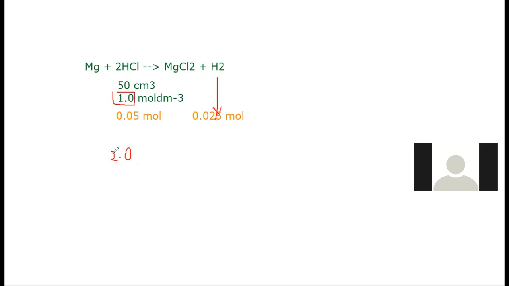But when I change it to 2.0, do you notice that the volume of the hydrogen gas release will also be higher? Therefore, when you are talking about you increase the concentration, you have to talk also about the volume of the acid, so that you can do a calculation to get back the same number of mole.